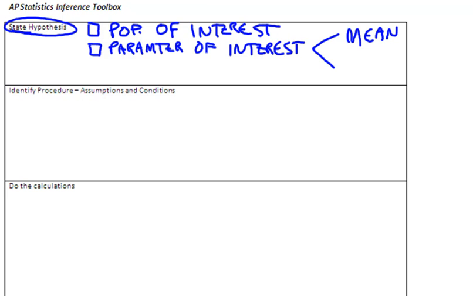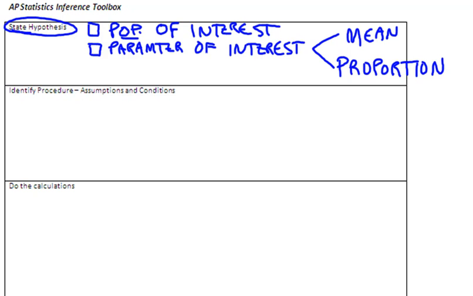Okay, so if I wanted to know the average height, the average weight, the average income, the average SAT score for all high school seniors going to college, that's a mean. If I wanted to know what percentage come from divorced families, what percentage have red hair, what percentage own their own car, all of these would be proportions.